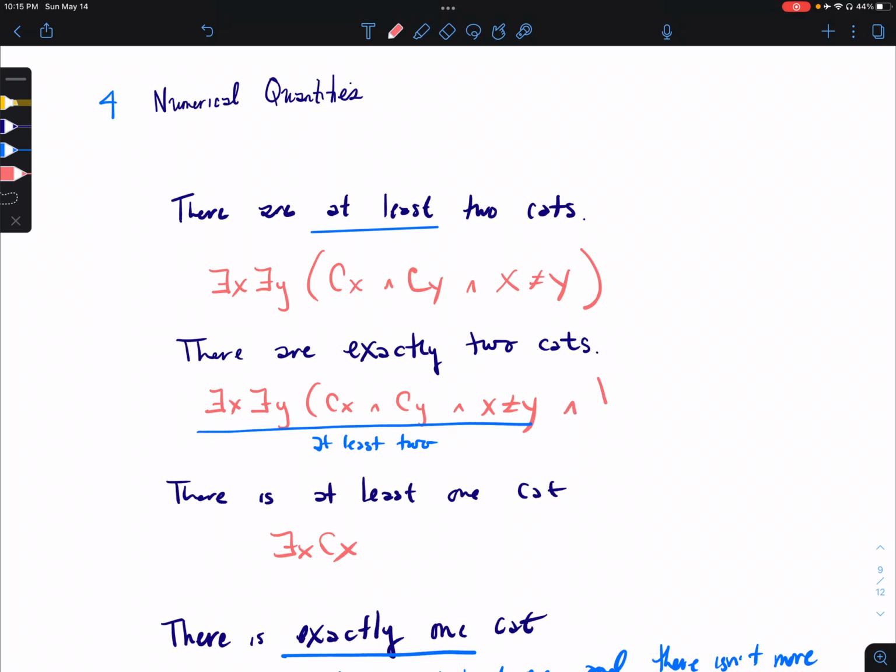And for all z, if z is a cat, then what follows? Z must either be x or z must be y. It must be identical to one of those other two because there isn't a third. And then we need to close that, but I didn't leave enough room for parentheses.